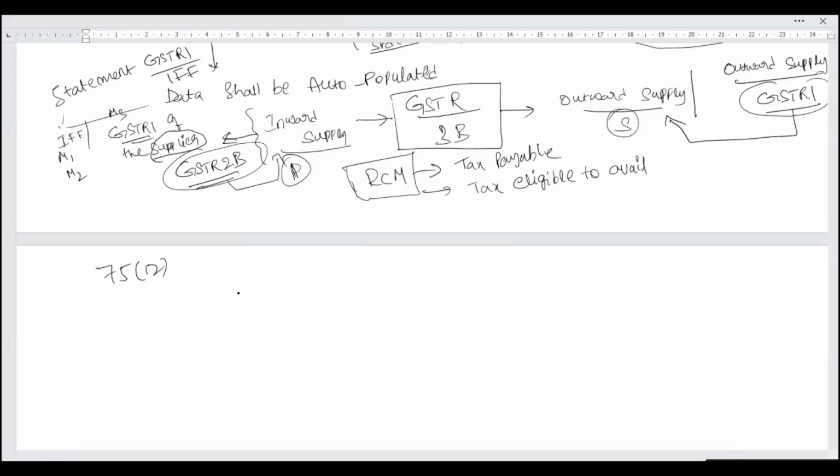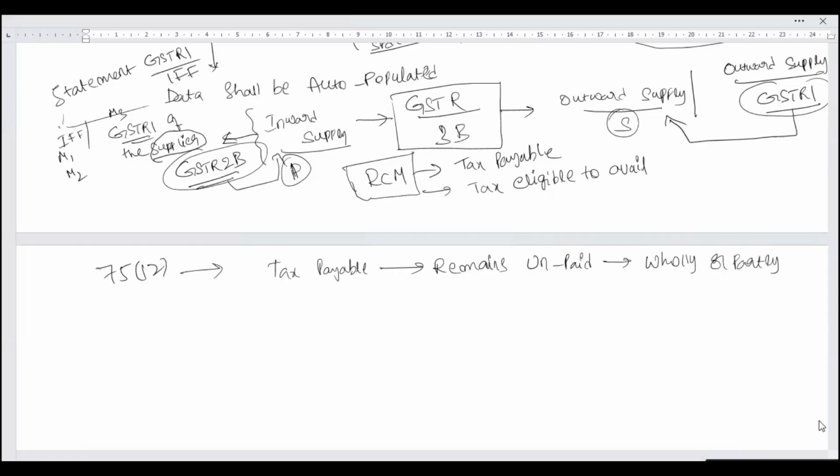So section 75, subsection 12, quite an interesting one. They say that tax payable which remains unpaid, either wholly or partly.